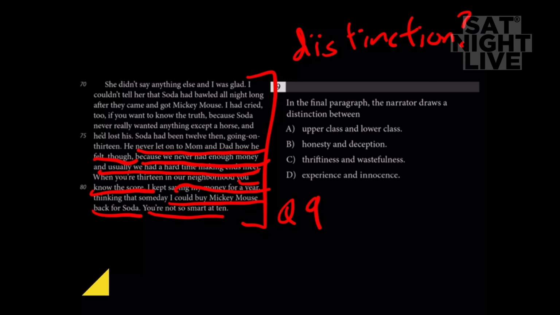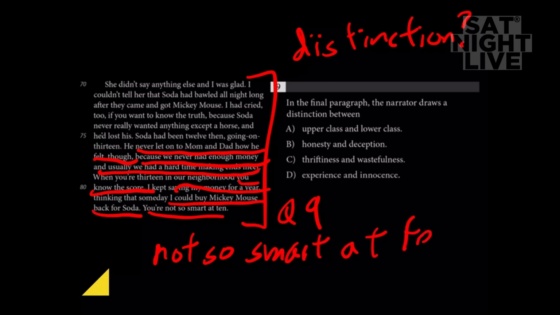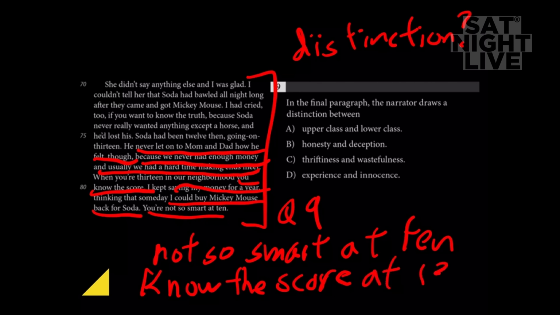And so what I have highlighted here is my distinction. Maybe this concept that you're not so smart at 10 because you think you could save up money and buy a horse back, but you know the score at 13. You know that a family that's struggling is likely not going to drop a few thousand dollars on a horse, at least not the families I know.